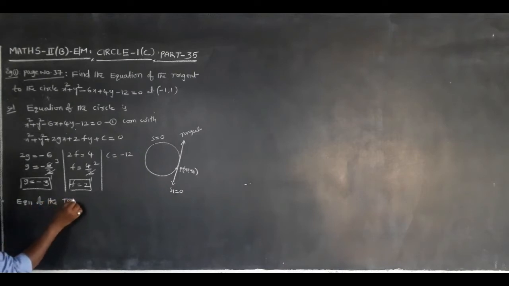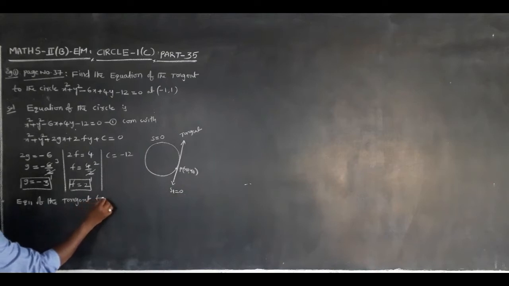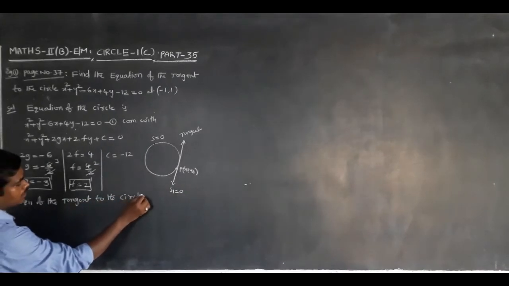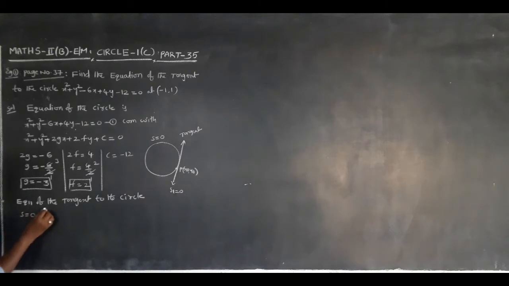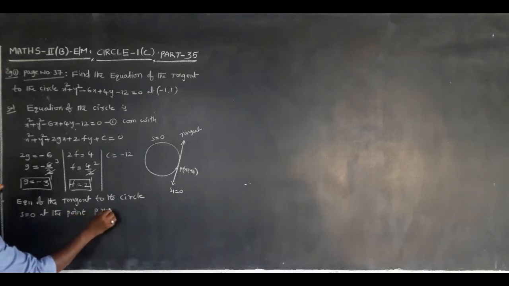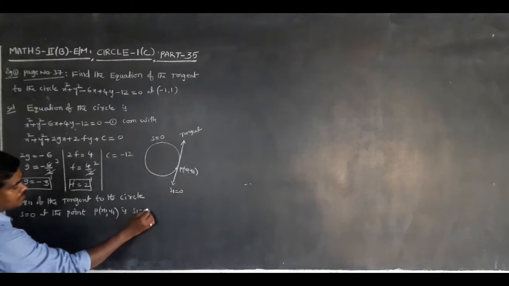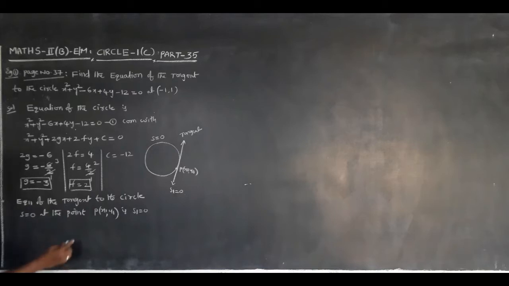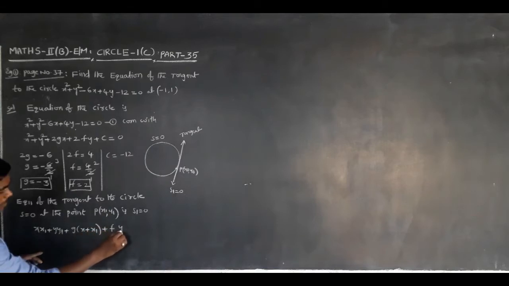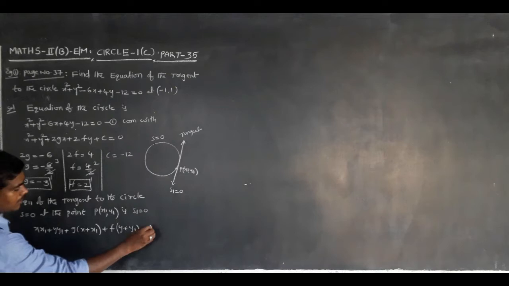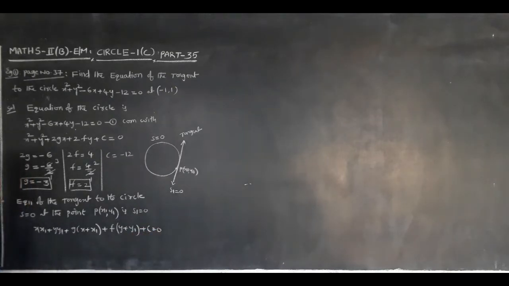S1 is equal to 0 means x x1 plus y y1 plus g times (x plus x1) plus f times (y plus y1) plus c is equal to 0.